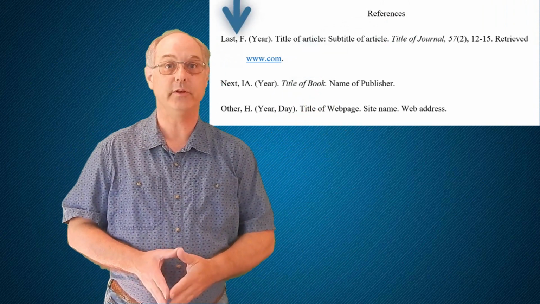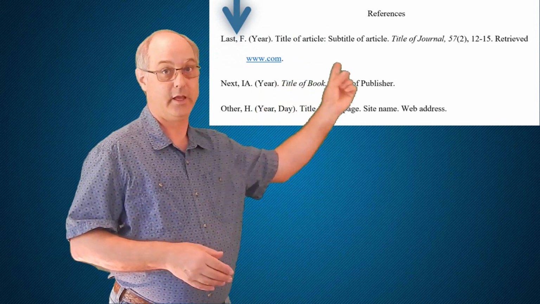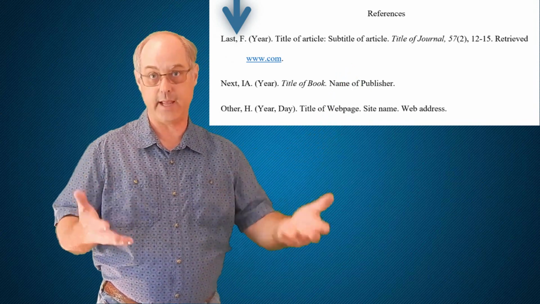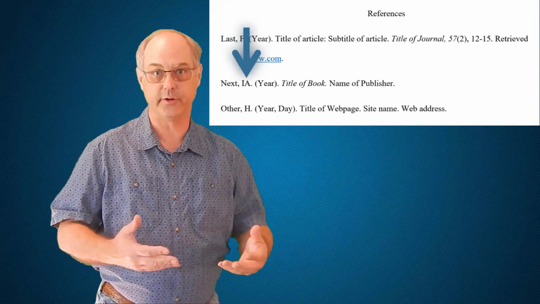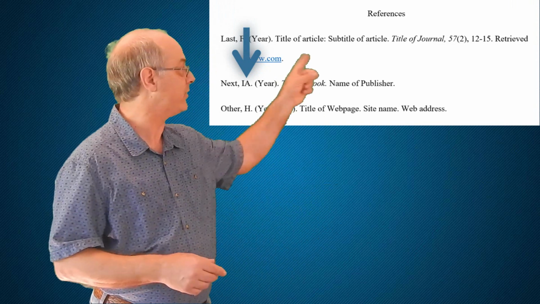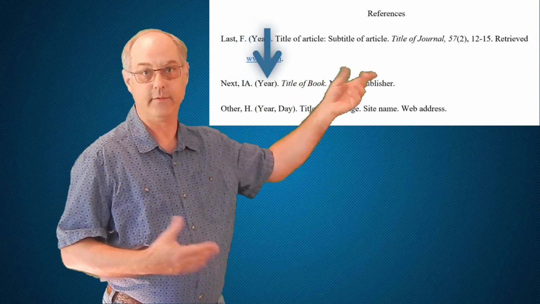Authors' names are always in the form last, comma, initial. If the author has two names beyond the surname, then you use those initials. So it could be last I, or it could be last IA, for example.